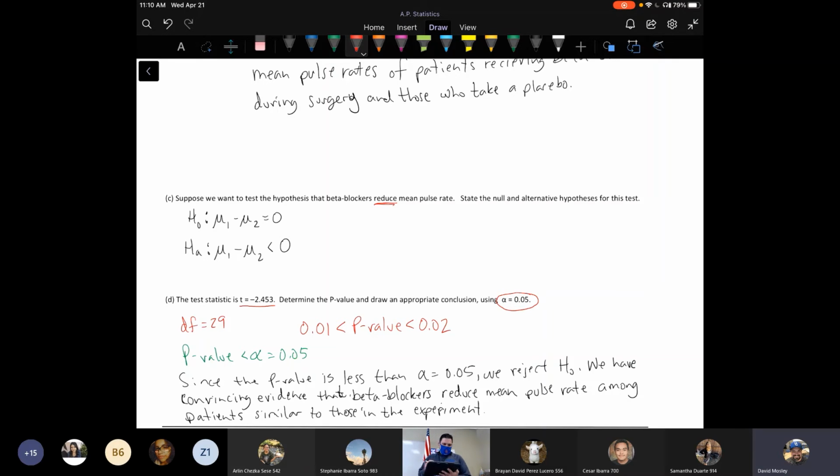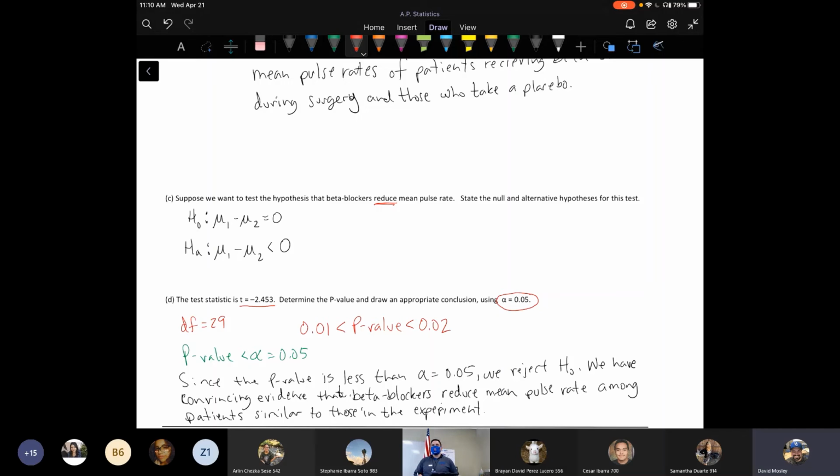Well, we get the null hypothesis, mu1 minus mu2 is equal to 0. No difference. They're the same. The alternative is that there is a difference, and that when we subtract these two things, because mu1 represents the people getting beta blockers, that value should be smaller than mu2. So when you subtract them, you get a number less than 0.